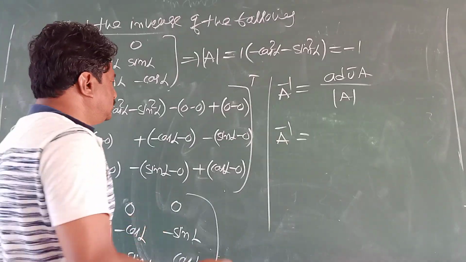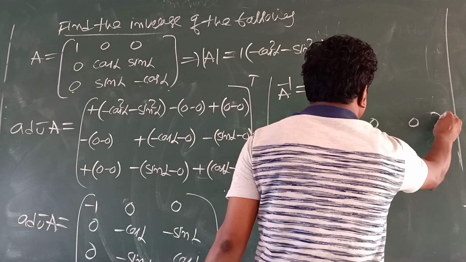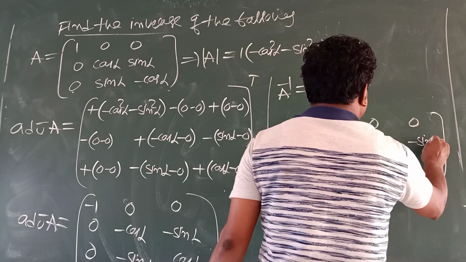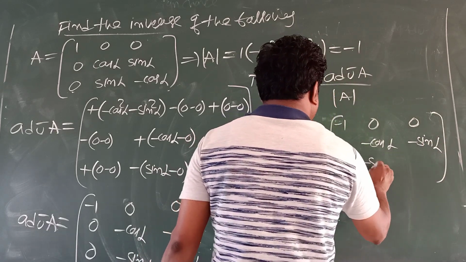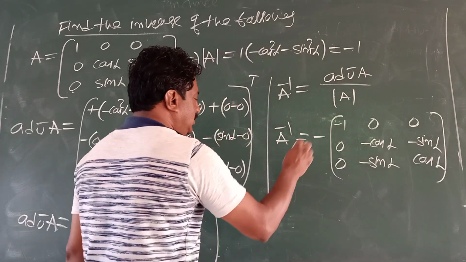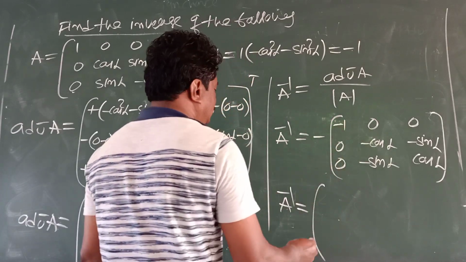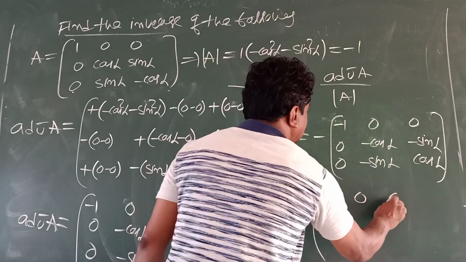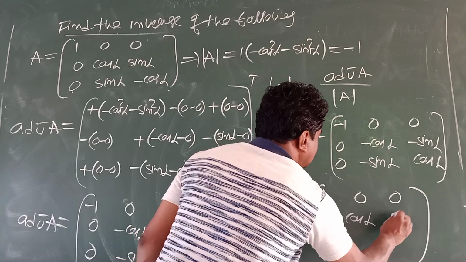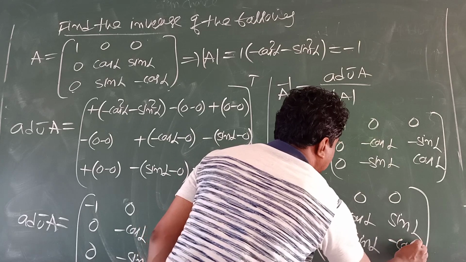Divided by -1 is same as -1, 0, 0, minus cos alpha minus sin alpha, 0 minus sin alpha cos alpha, multiply by minus. A inverse is equal to, so right, minus into minus plus 1, 0, 0, 0, 0, minus into minus plus cos alpha sin alpha, 0 sin alpha minus cos alpha.